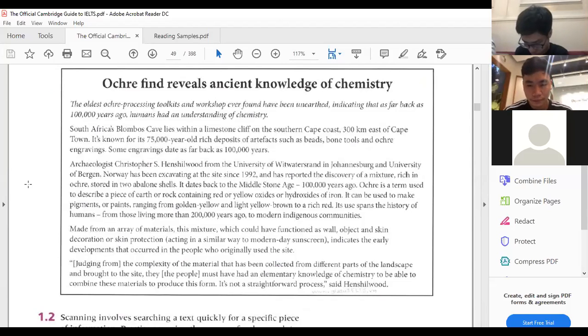What are the oldest artifacts mentioned in the text? If you read, you will see artifacts in the second paragraph, but you don't see the word oldest. So you need to read further.